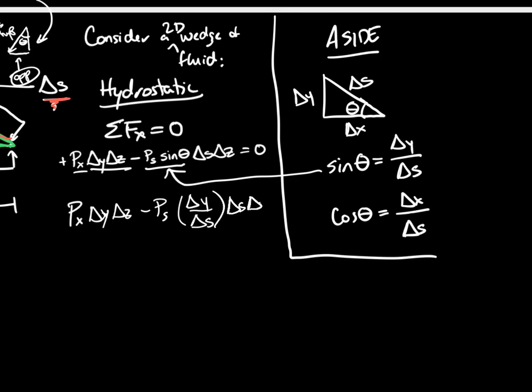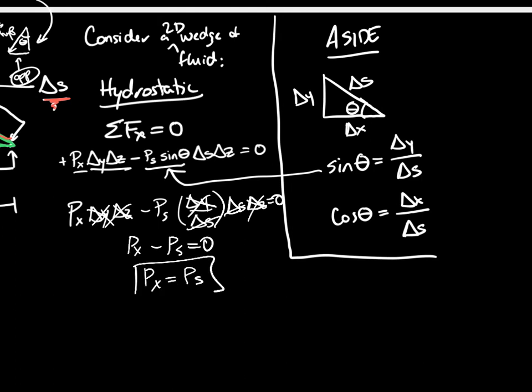Delta s, delta z equals 0. You can see these delta s's cancel. Delta y is on all the terms, so I can divide it from both sides. Delta z will cancel. Now I get px minus ps equals 0, so px equals ps. Well, that's cool.